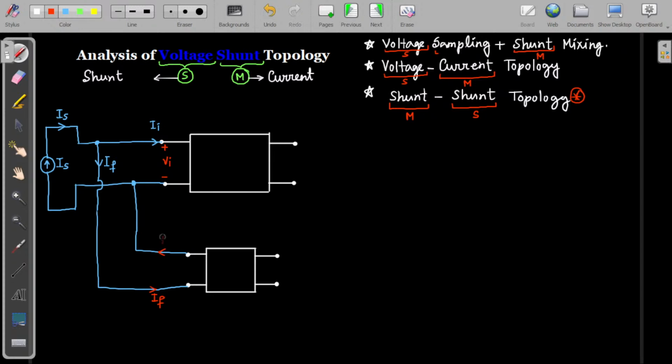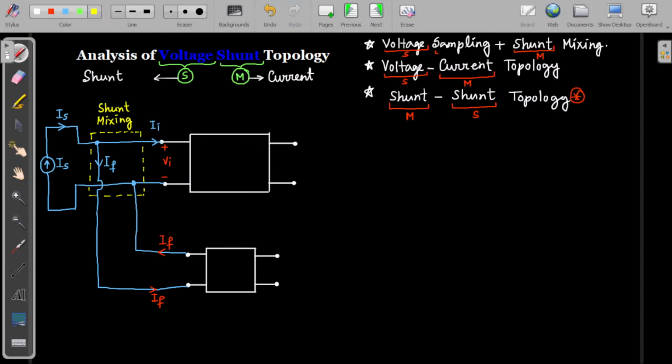In shunt mixing, current mixing happens, so current is mixing here. This part will be called the shunt mixing or the current mixing.